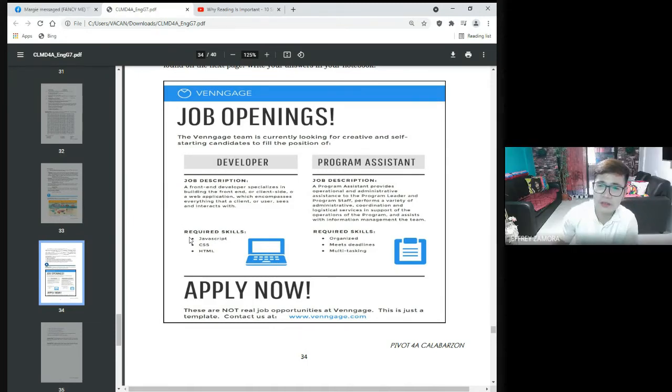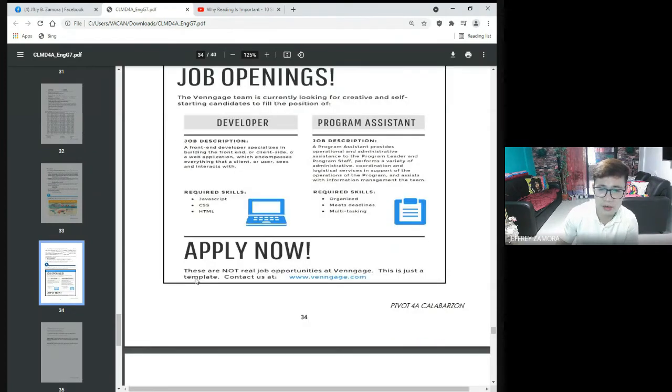Okay, those are the required skills needed as a developer. Thank you, Sunshine, you got the correct answers. The required skills are in that part. So you should have the knowledge in JavaScript, CSS, and HTML, and as a program assistant, you should have the skills of being organized, meeting deadlines, and multitasking.